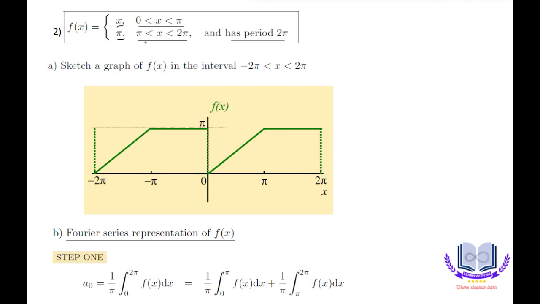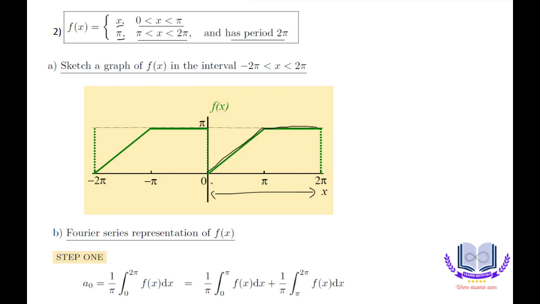So what we do first, we draw the graph for the 0 to 2 pi part. As you can see, fx is equal to x for the 0 to pi region, so we can simply put the straight line over 0 to pi, and then we have to draw the line from pi to 2 pi.